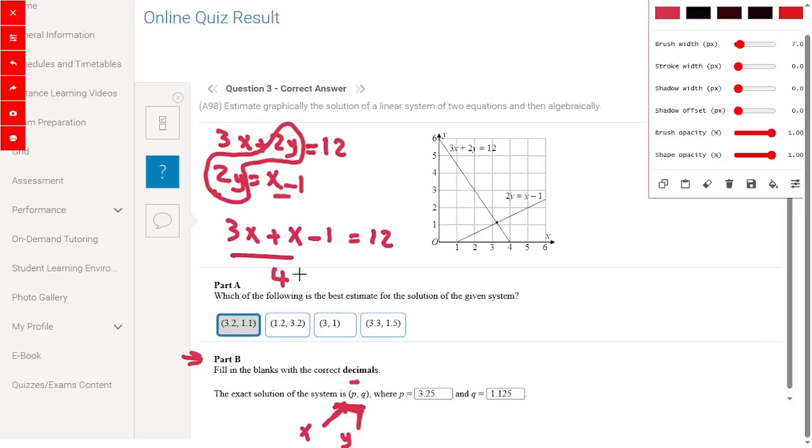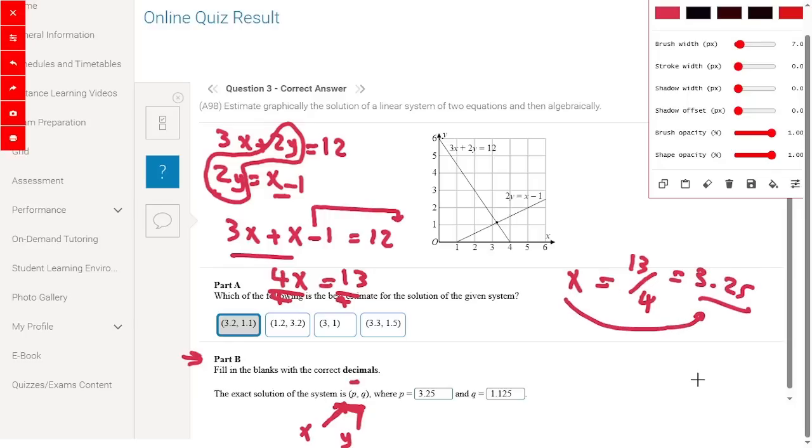So here we have 4x, and minus 1 will go to the other side, making it 13. So I will have 4x equals 13. We'll divide by 4, so x will be equal to 13 over 4, which is 3.25. So x will be equal to 3.25.